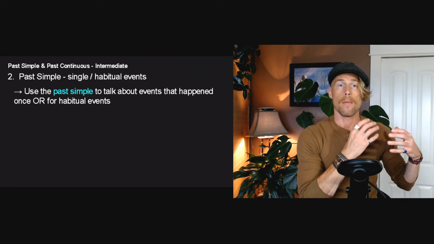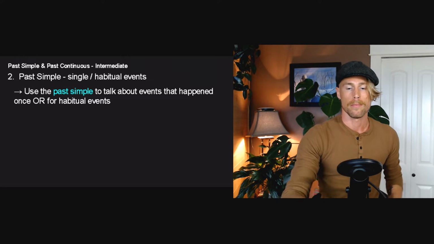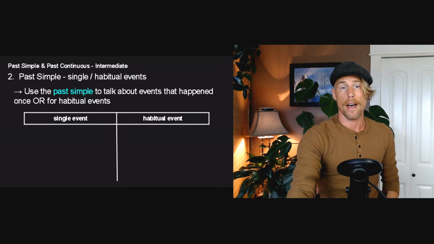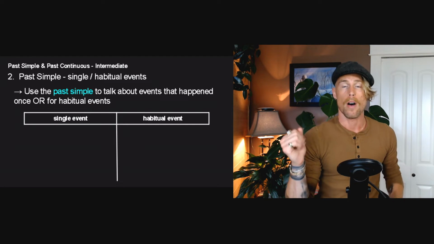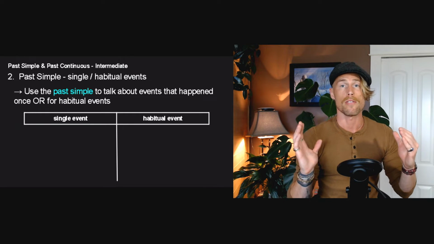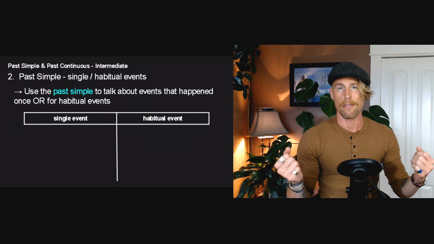They happened again and again and again, many times. So on the left, we have a single event. On the right, a habitual event. Different examples to show you the context of these.